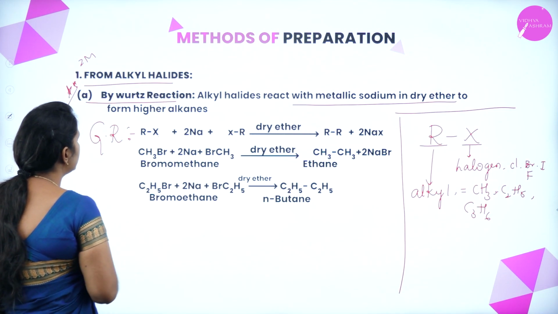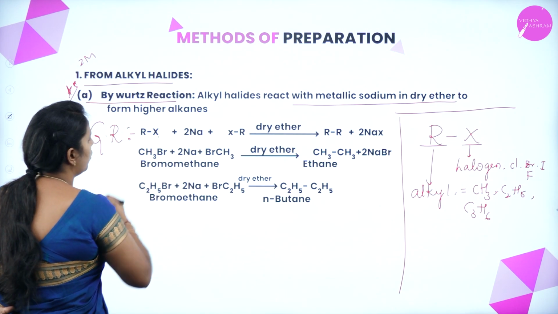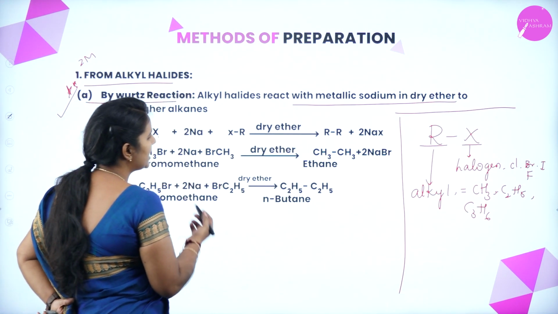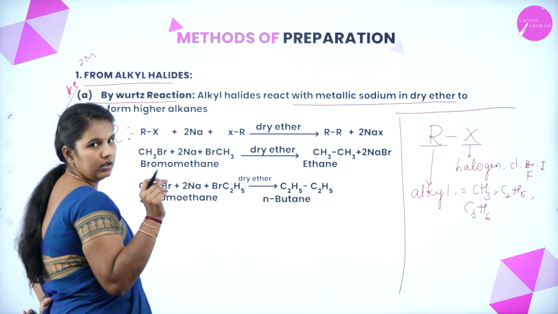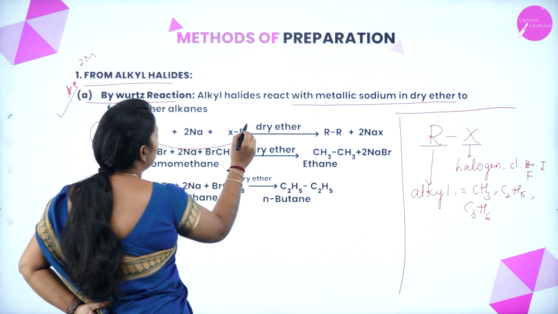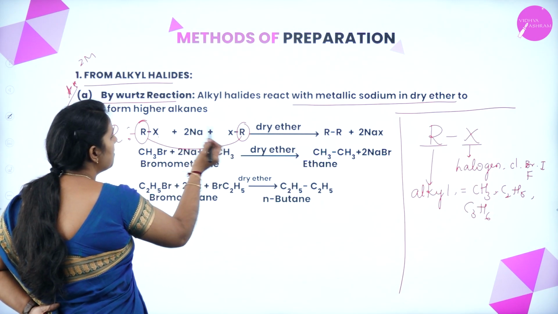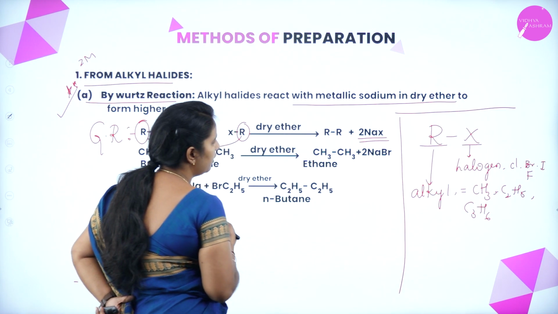When you write the general reaction, RX is allowed to react with the sodium metal. What will happen? In presence of dry ether, here I have used 2 moles of alkyl halide. So this R and R will get joined and the sodium combines with the halogen and forms a sodium halide.